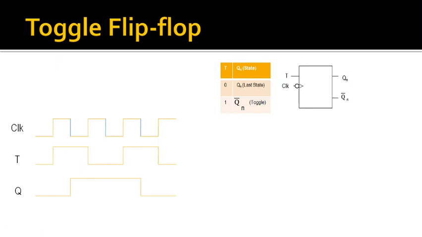So we will get a 0 in the toggle flip-flop, and this 0 value will be retained until the next negative edge, and at the next negative edge, the input of the T terminal is again checked, and the same will go on as long as we are working on this T flip-flop.